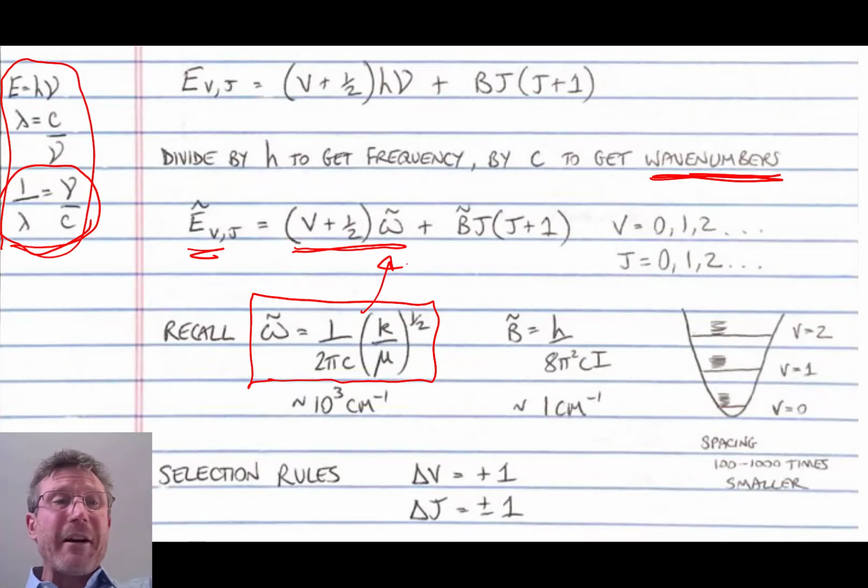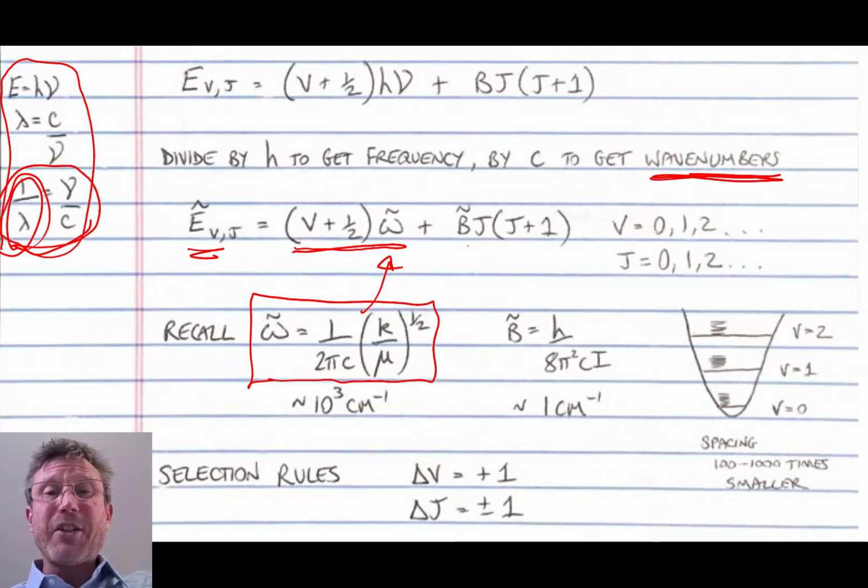But we're also going to divide by c to get those wave numbers. We get our frequency by dividing the energy by Planck's constant, and then with the frequency we divide by c in order to get our wave numbers.